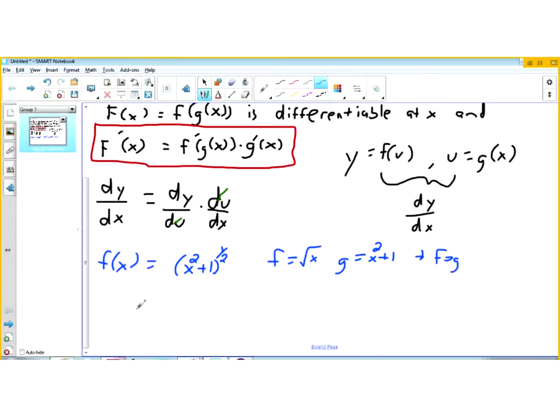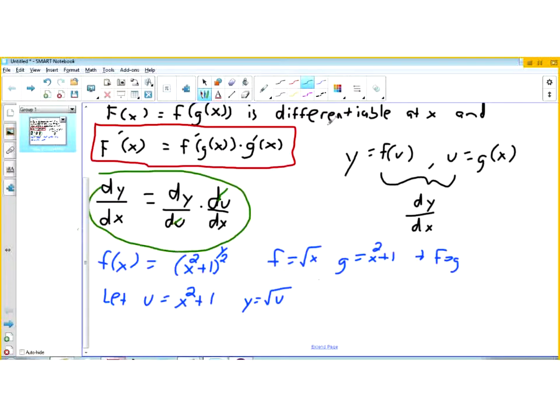So now the way we will calculate its derivative is, suppose we let u equal x squared plus 1, like so. All right, and then we let y equal the square root of u. And so we can then use this result that I'm circling in green.